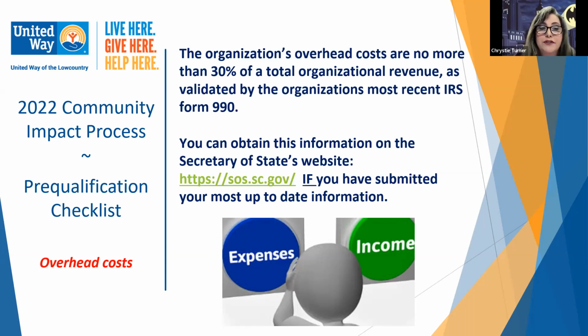In most cases, when people are figuring out their overhead calculation, the Secretary of State's office will give you your overhead if your information is current. If it's not current, then you're going to have to do a computation, and that computation is in the software. It tells you exactly where to go for that information.